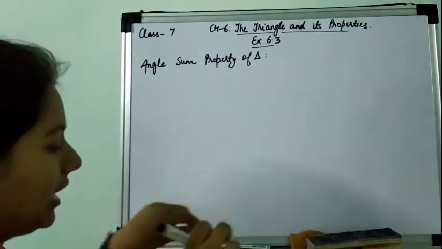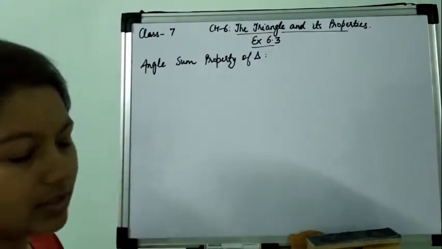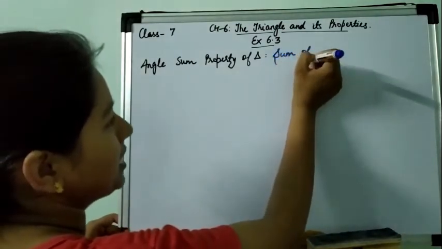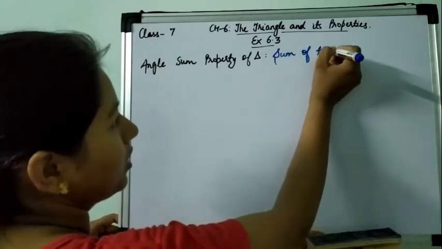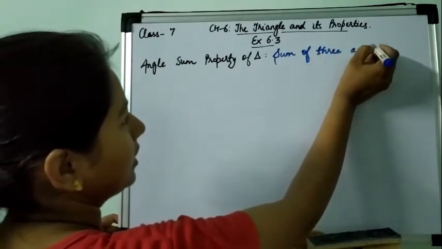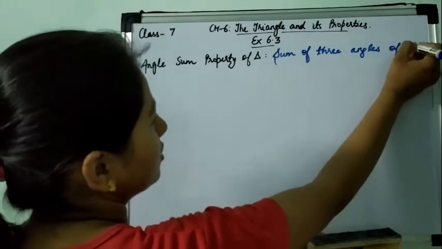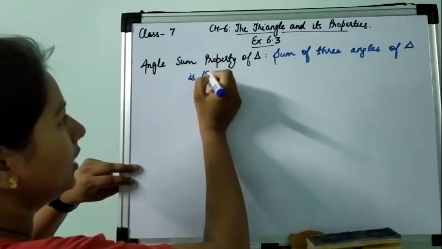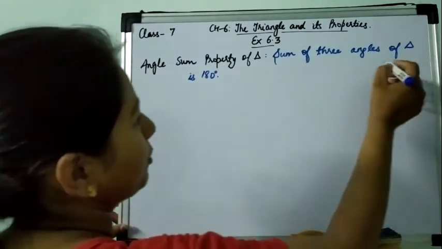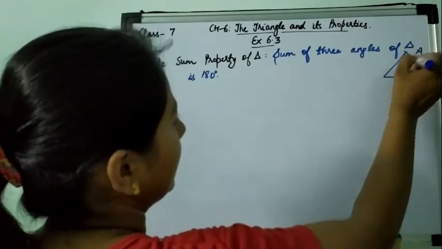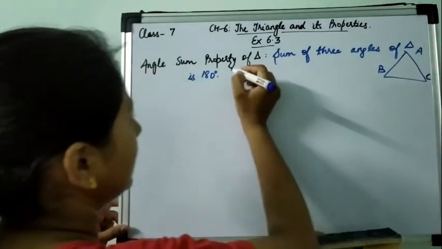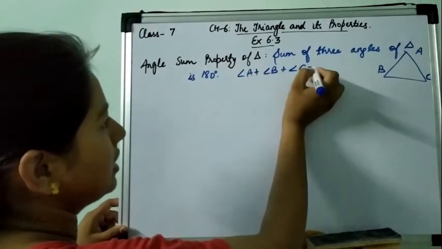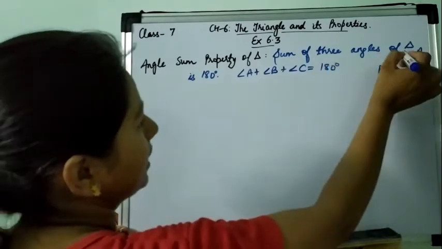This property says that in a triangle there are three angles, and the sum, means plus, of the three angles of a triangle is 180 degrees. Suppose this is your triangle ABC, then angle A plus angle B plus angle C should be equal to 180 degrees.